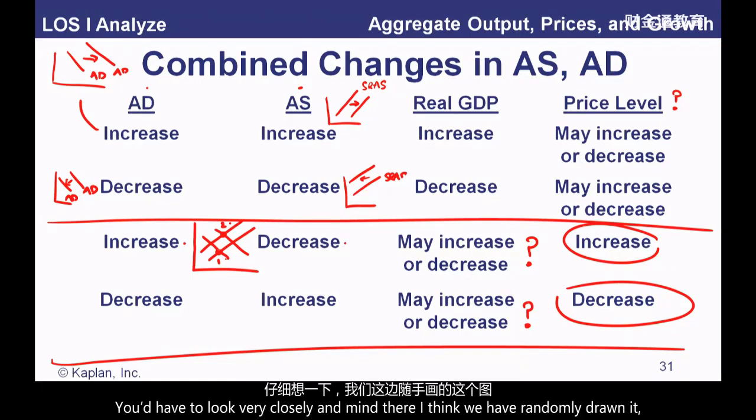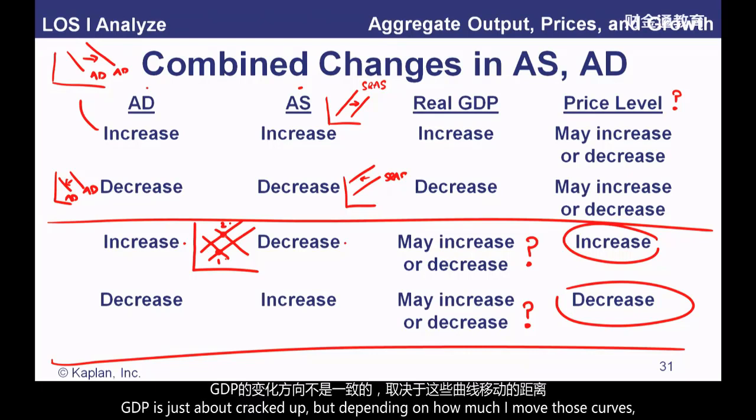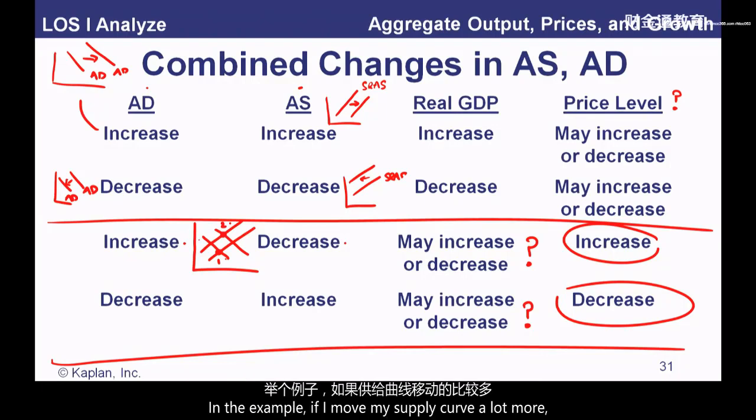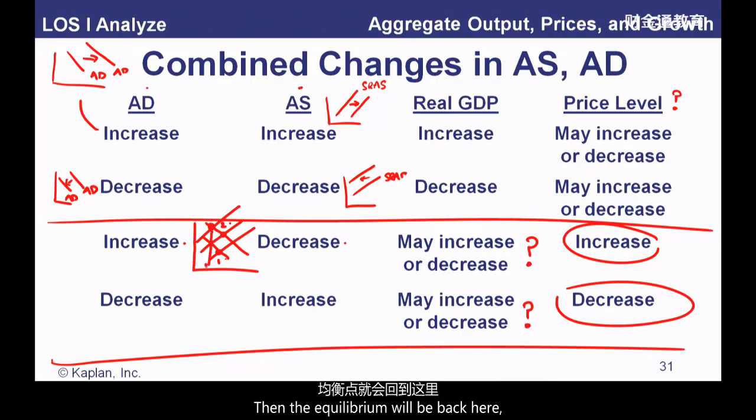So you'd have to look very closely at mine there. I think the way I've randomly drawn it, GDP has just about crept up. But depending on how much I move those curves, for example, if I move my supply curve a lot more, then the equilibrium will be back here. So in that case, you know what happens to price. It's not quite so clear-cut what's going to happen to GDP.